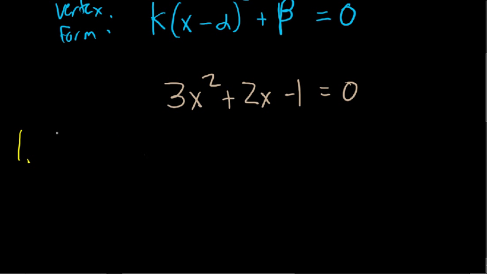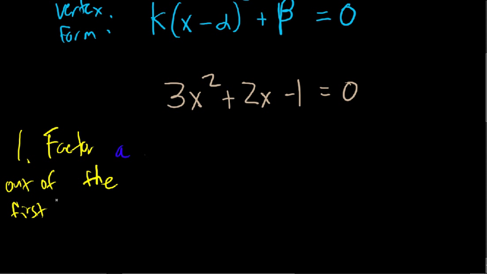Okay, step 1 is to factor a out of the first two terms. What do I mean by that? It's pretty easy. All I mean is rewrite it by dividing the first two terms by a. In this case, a is 3.